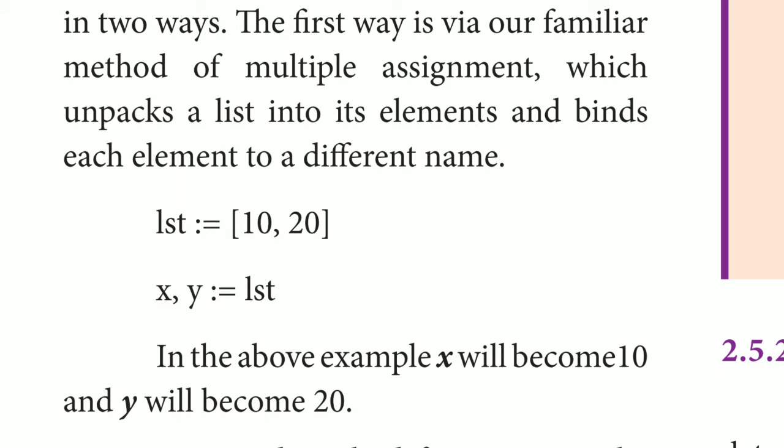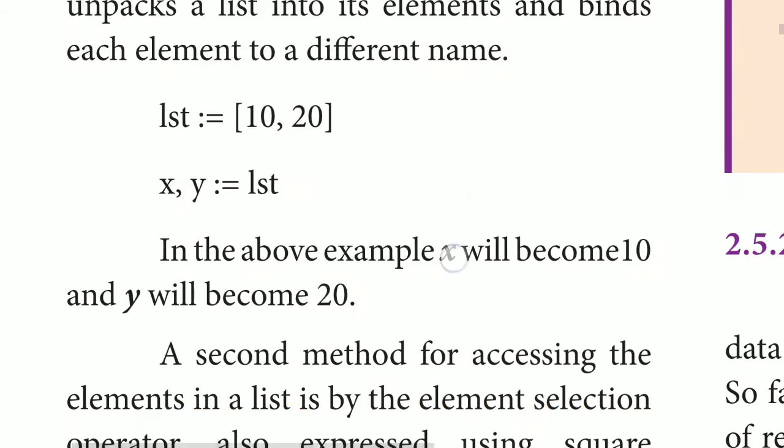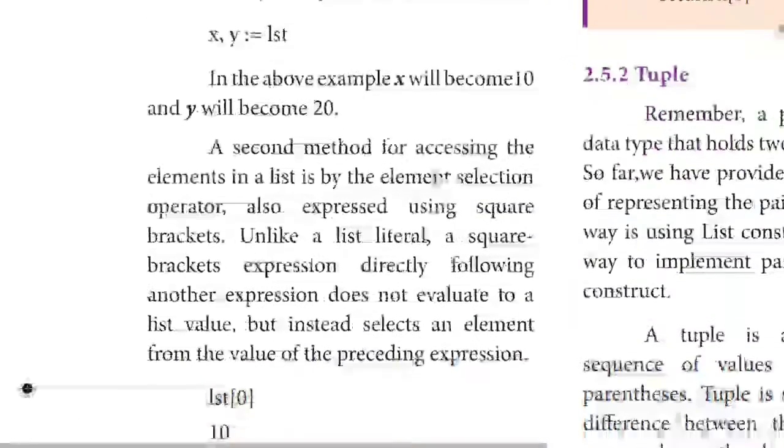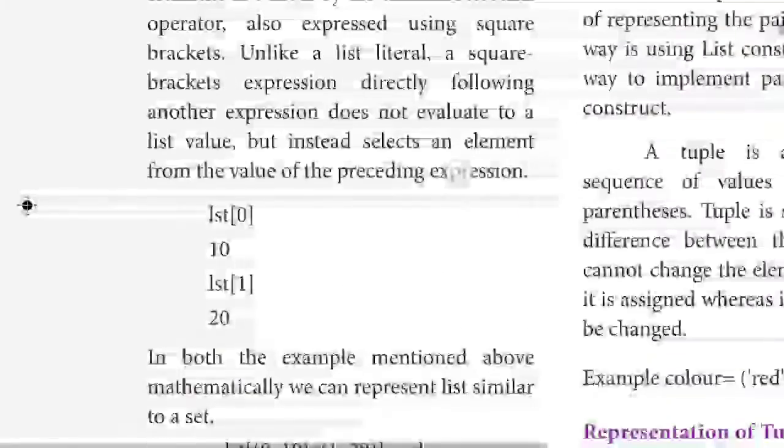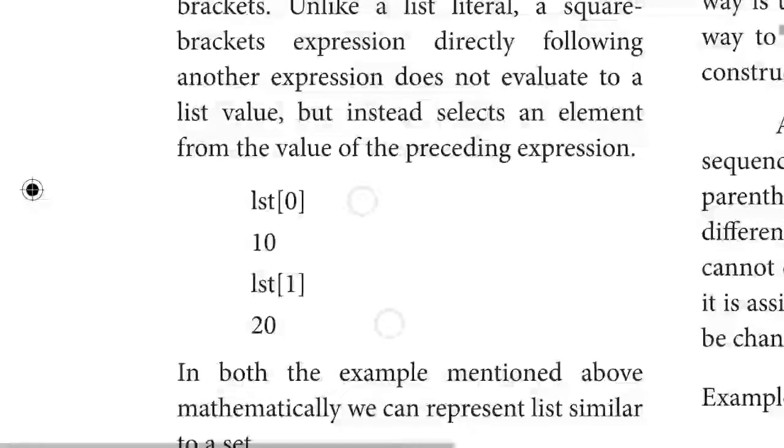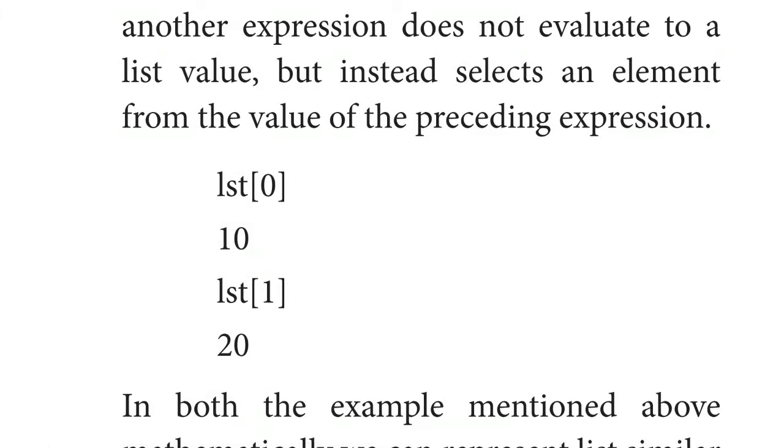So x is equal to 10 and y is equal to 20, which indirectly becomes the value of x, y. Here they are adding an index value. To refer to 10, you give the address as lst of 0. So lst of 0 is 10 and lst of 1 is 20.